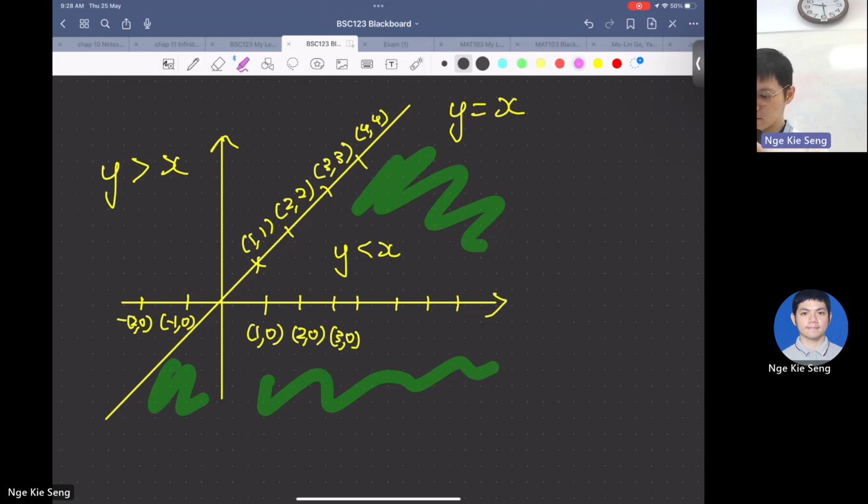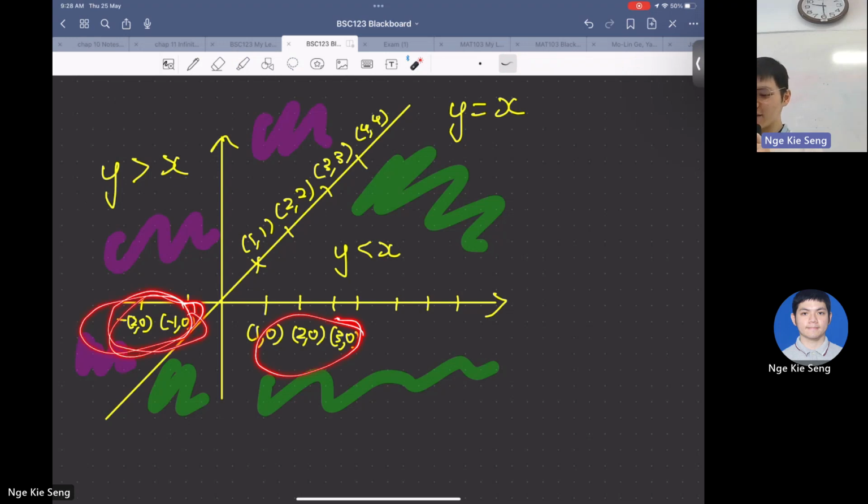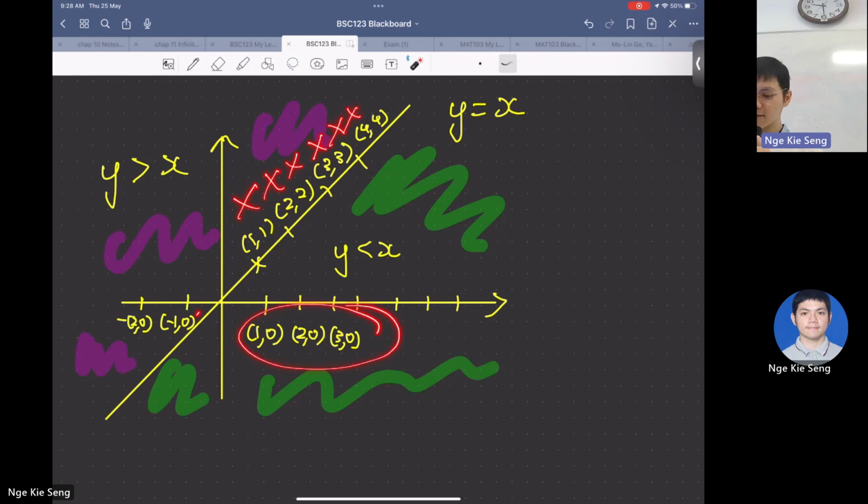So you have two different regions here. Is it okay? Believe or not? I show you some points already. And if you want to show it rigorously, you have to do some work, but I show you some examples here to convince you first.